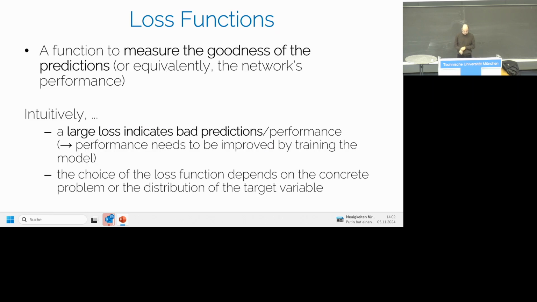So this loss function aims at measuring the goodness of the prediction, or the network's performance, if you will. A large loss indicates a bad prediction, and a small loss indicates a good prediction, but obviously relative to something else. Maybe relative to the network before you trained it, or relative to some existing network.